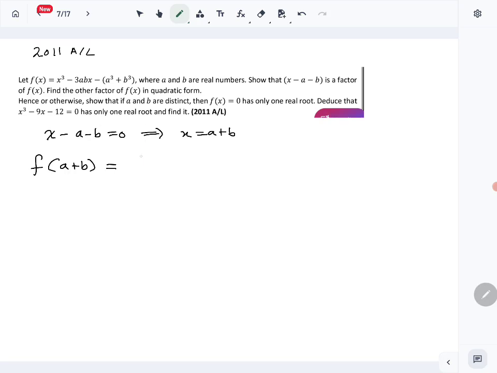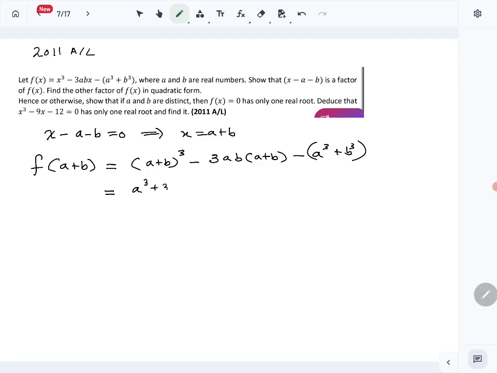So substitute a plus b for x. Let's see what we get. Right, now just expand the brackets and simplify, and you should get 0.